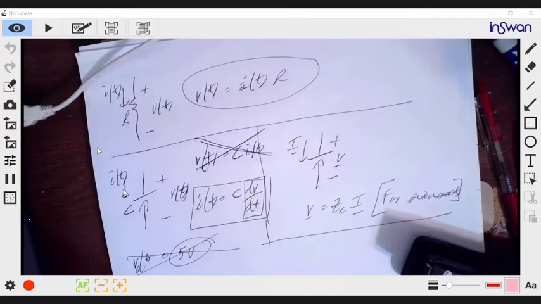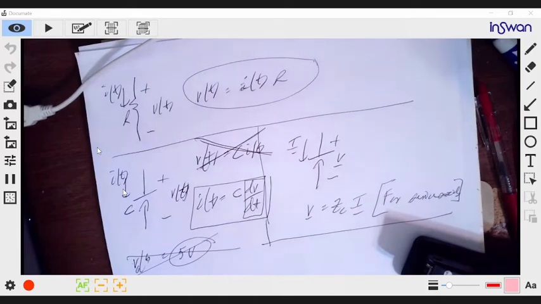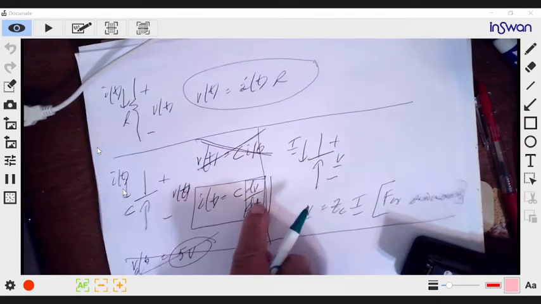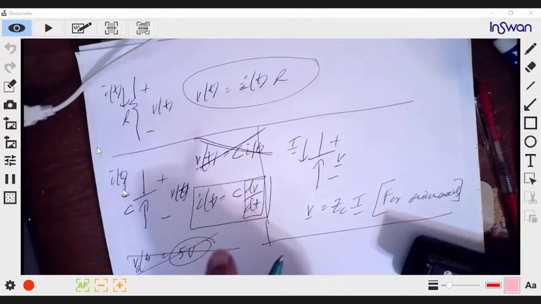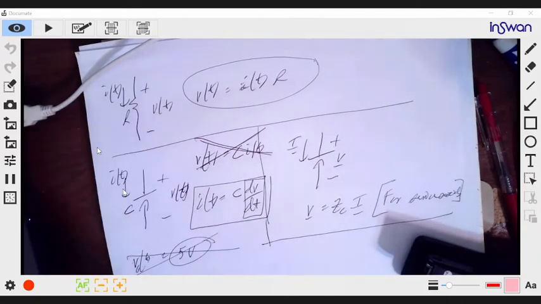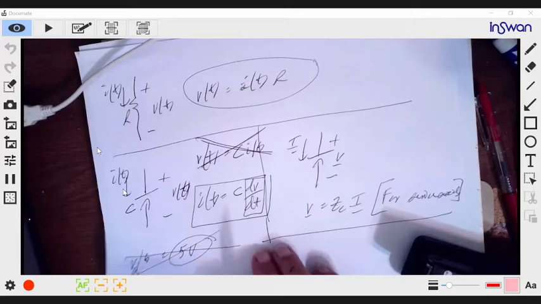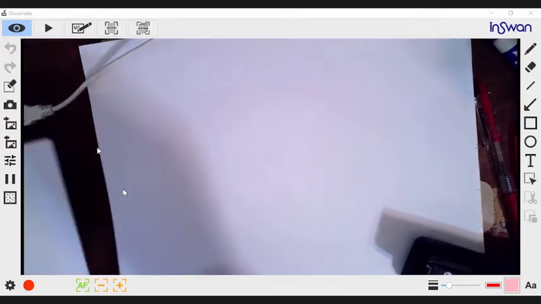The current through a capacitor does not depend upon the voltage across the capacitor. That's what this equation is saying. This is saying the current through a capacitor depends upon how quickly the voltage is changing. All right?